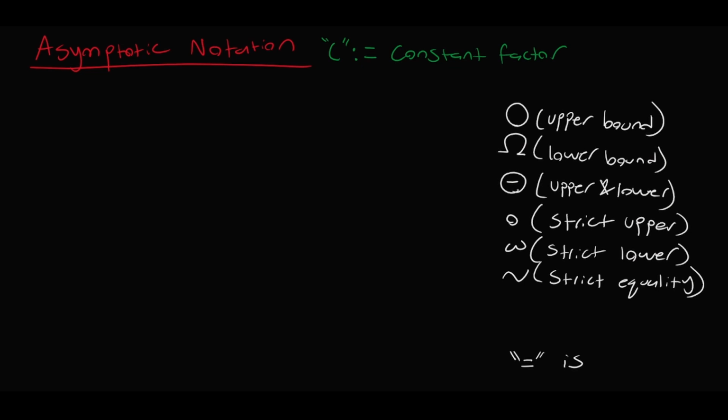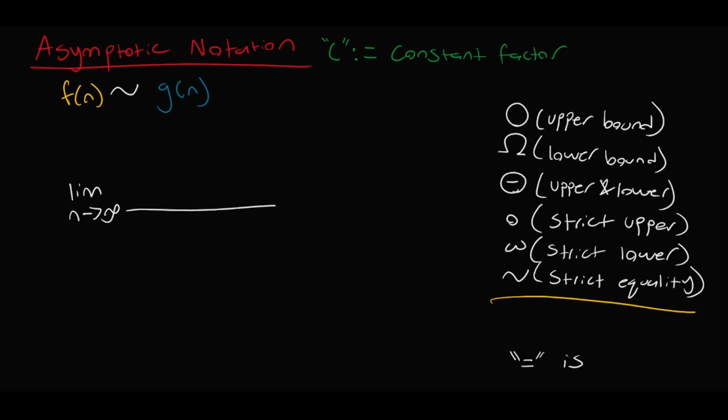Now, here we have strict equality. We're going to talk about strict equality. As the name may give off, when f of n is, usually we say tilde right here, to g of n, these are strictly equal. We take the limit as n approaches infinity of f of n over g of n.